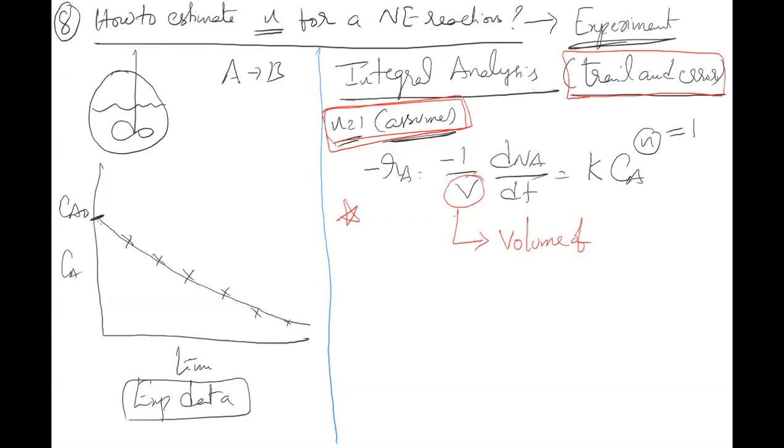Reactor or reaction mixture. It is reaction mixture, not reactor. Extremely important. It is not reactor. It doesn't matter how much reactor volume I have. This is what V is. Your volume of the reactor can be V prime.